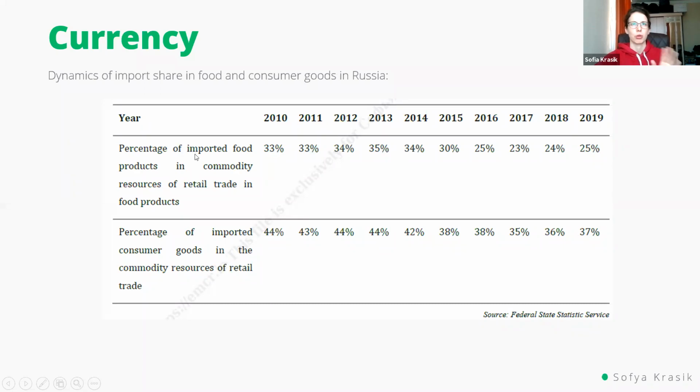Sorry, it's not about the market basket, because the market basket is some artificial composite. It's just the share of all food that we have in our country which is imported. As for recent data, it's 25%. So 25% of the food on the Russian market is imported from other countries. If you assume that you pick your food randomly, around a quarter of the food you buy probably depends on the foreign currency rate.